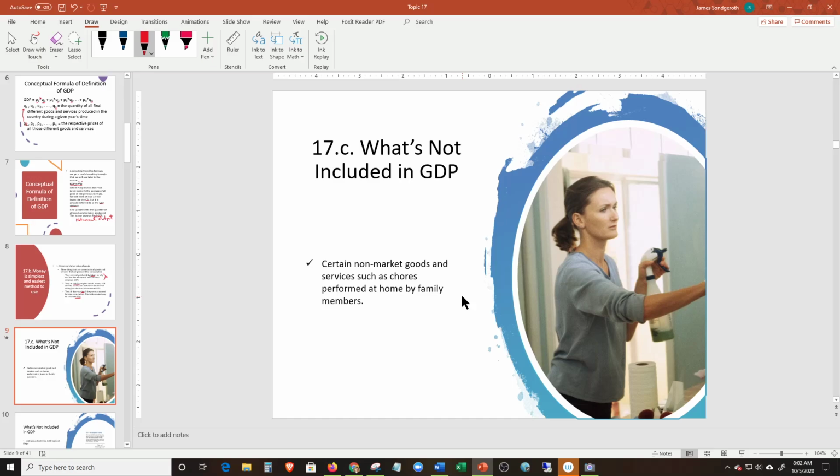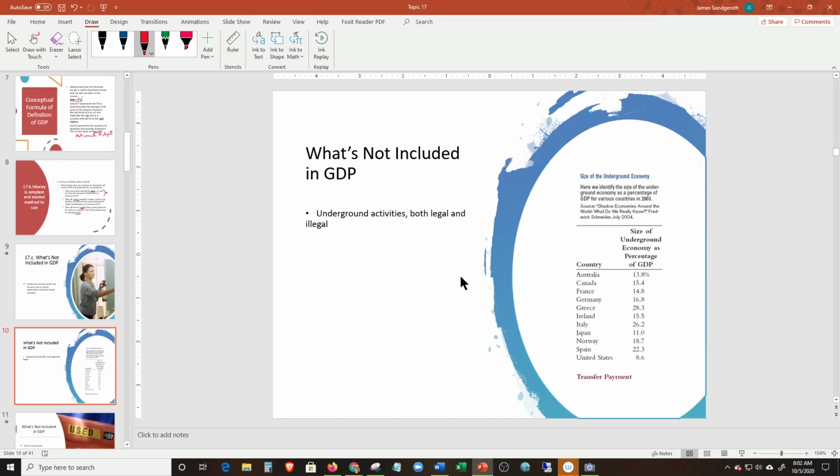All of these, of course, give you satisfaction and help maintain your standard of living, but they are not produced for sale and hence do not have a price and therefore are not included in GDP. And maybe we could say that that is a weakness of this measure of GDP when we get to weaknesses in the next section. So anything that's not produced for sale is not included.